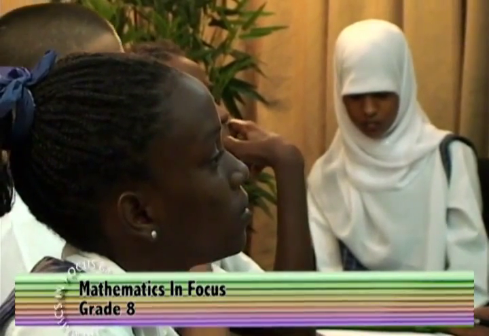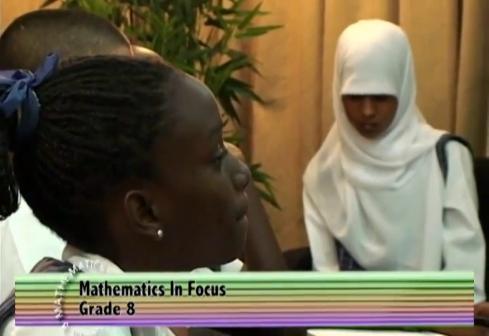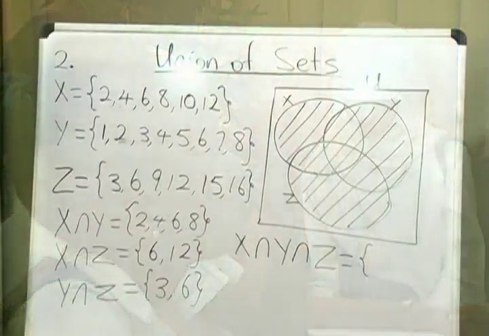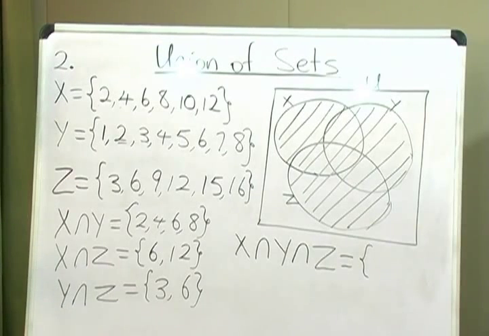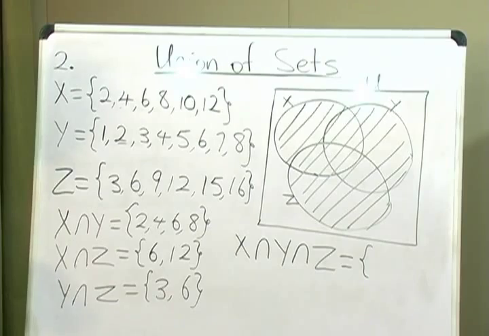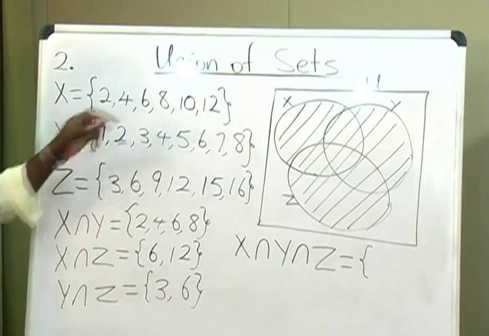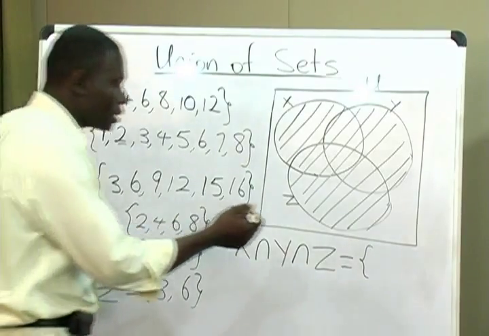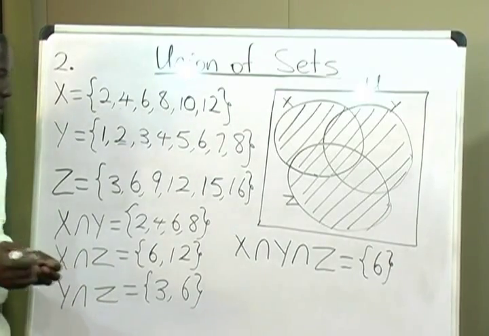Is 6 alone? Everybody else agree? Good, 6 alone. There's no other element but 6 in all three of them. So X intersect Y intersect Z is equal to 6.